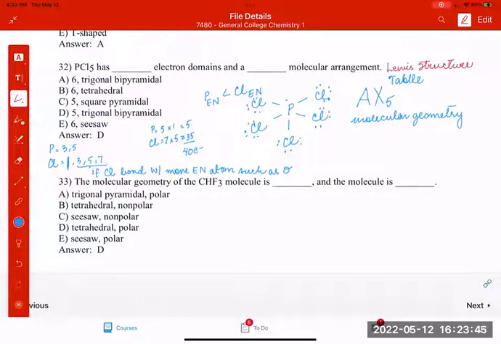So which one is it? AX5 is trigonal bipyramidal for the molecular geometry. And the trigonal bipyramidal is the, so wait a minute, trigonal bipyramidal.